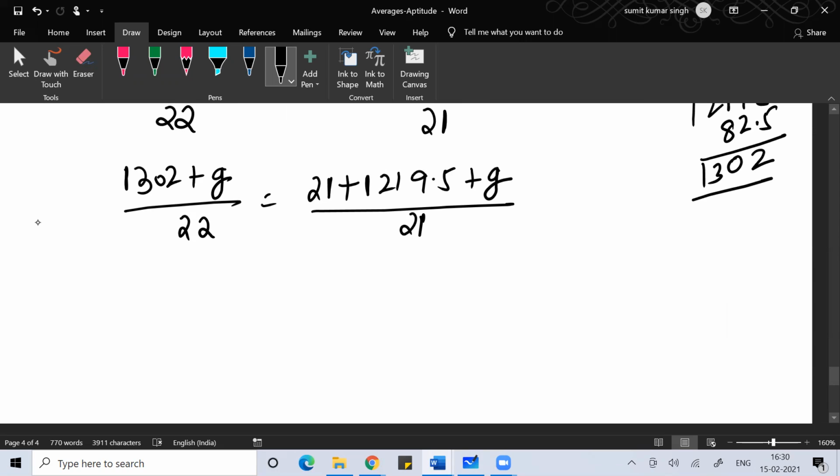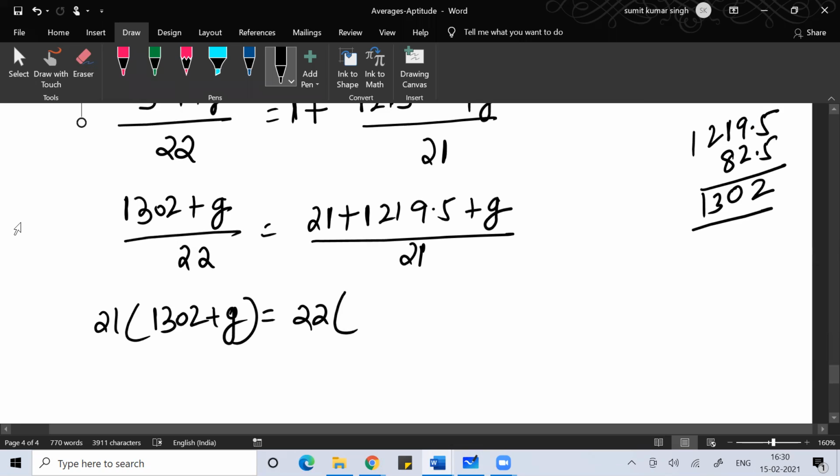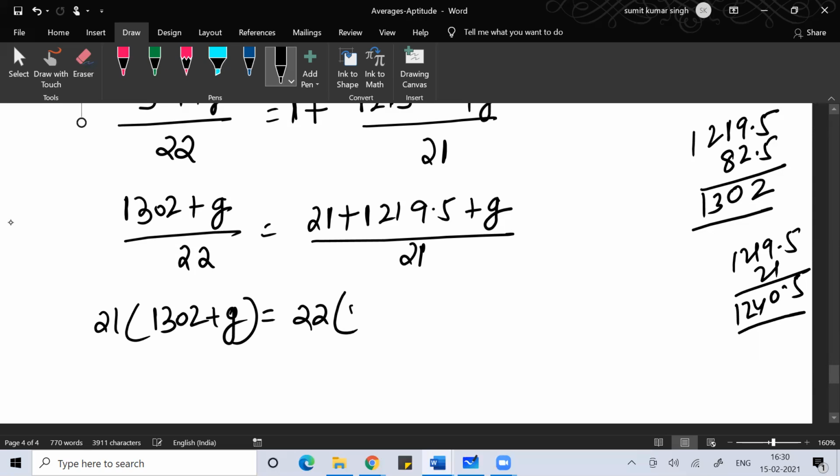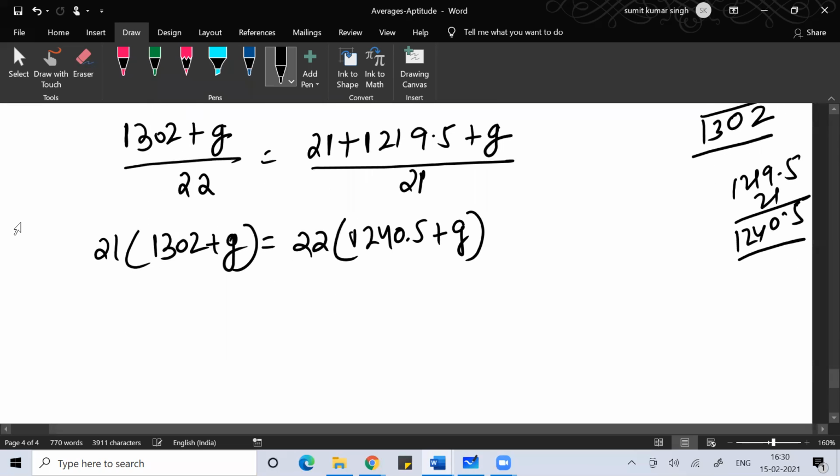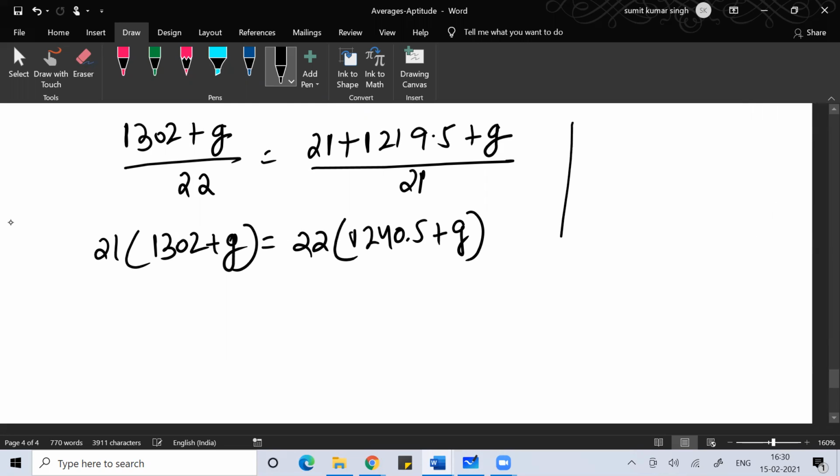Cross multiply: 21 into (1302 plus G) is equal to 22 into (1219.5 plus 21, which is 1240.5, plus G). You just solve this, you will get the answer.